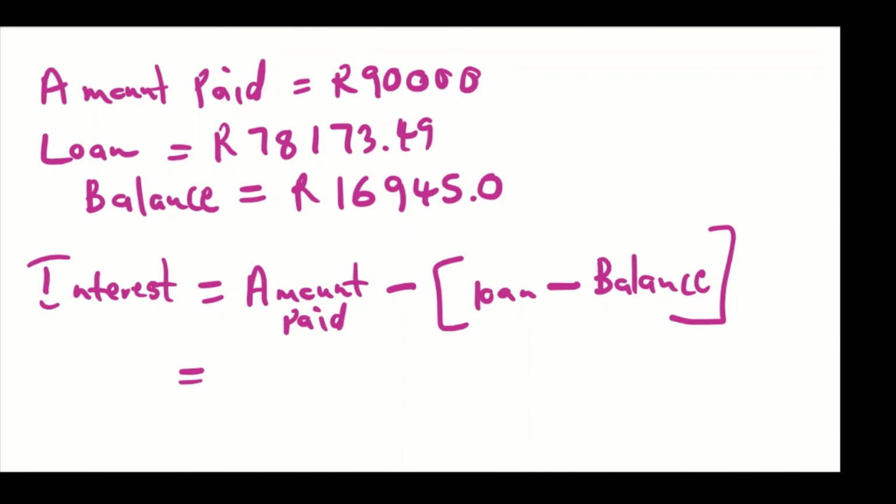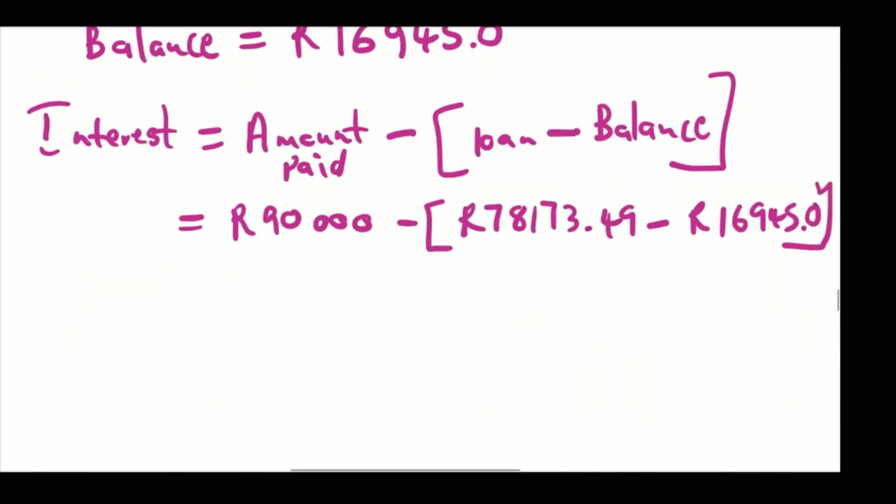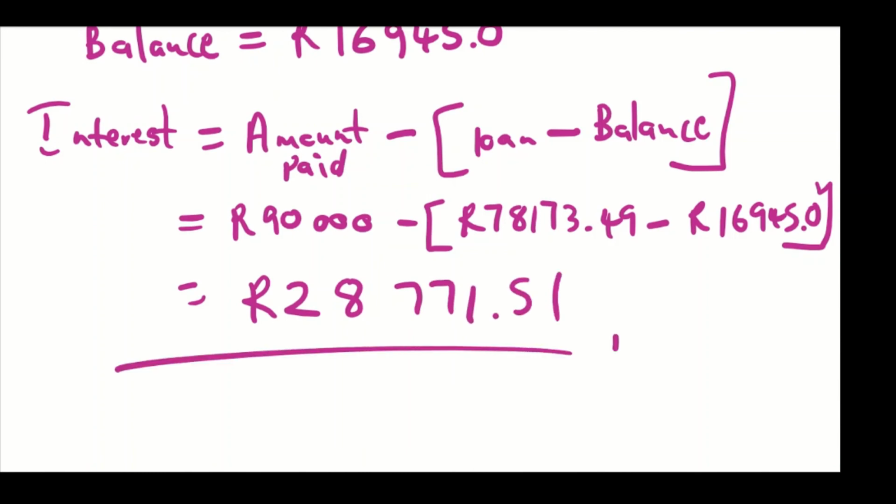Alright, so the amount paid is 90,000 rand minus the loan of 78,173.49 minus the balance of 16,945.0, and then you're just going to punch this in your calculator, the entire thing, and then you should get an interest of 28,771.51. So that is the final answer, your interest made.